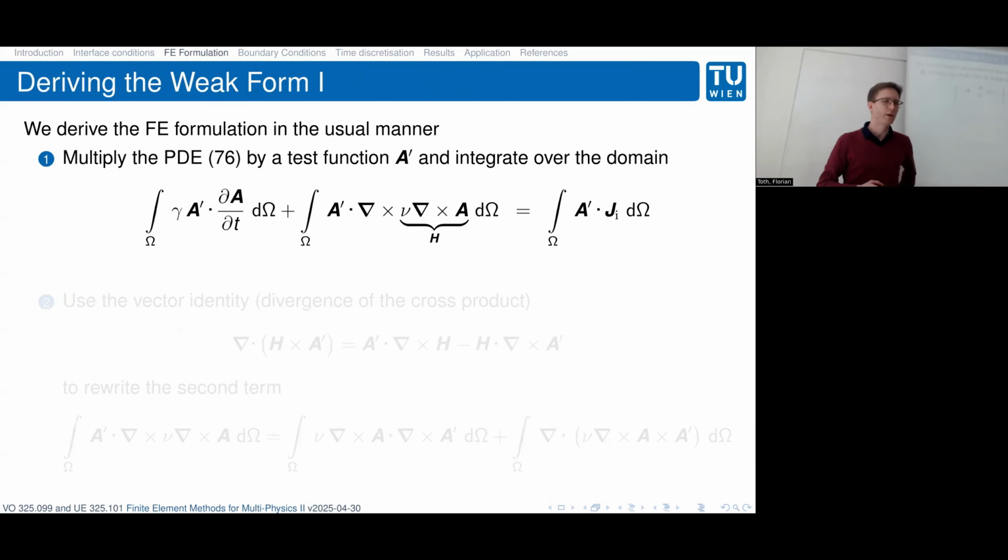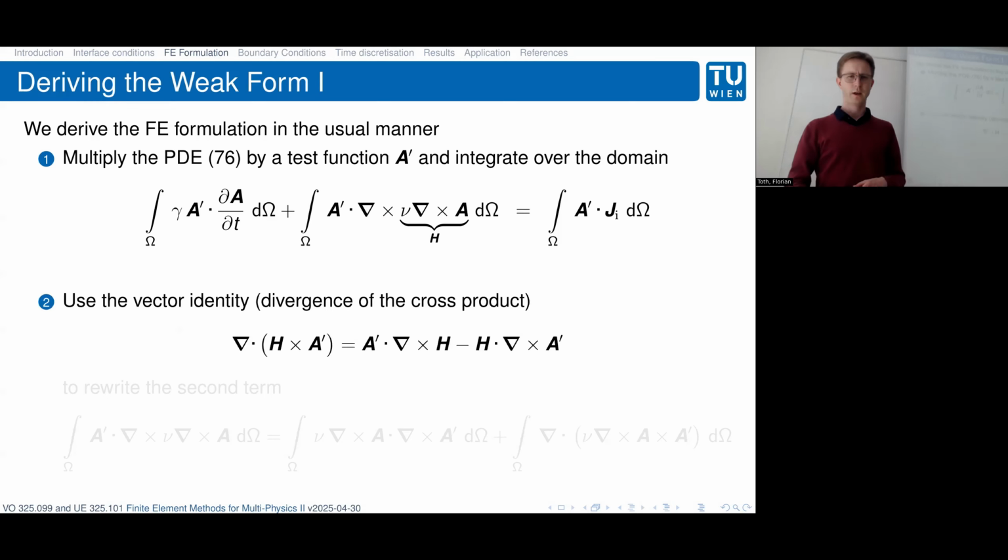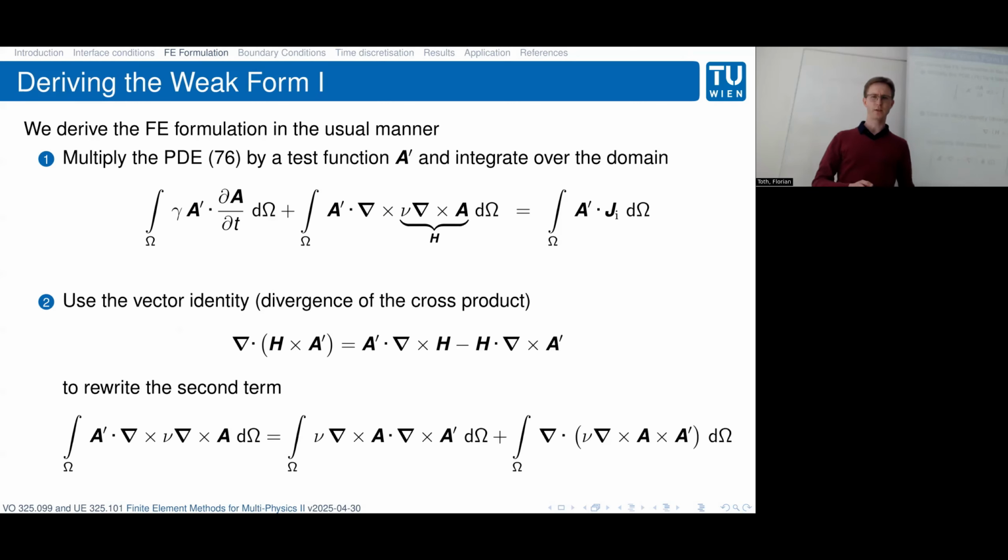We now want to derive the weak form for the eddy current problem. We do this in the usual manner. We take the strong form, multiply by a test function A prime, and integrate over the domain. Then we can use the vector identity for the divergence of the curl of two fields. And we can insert this to rewrite the second term.